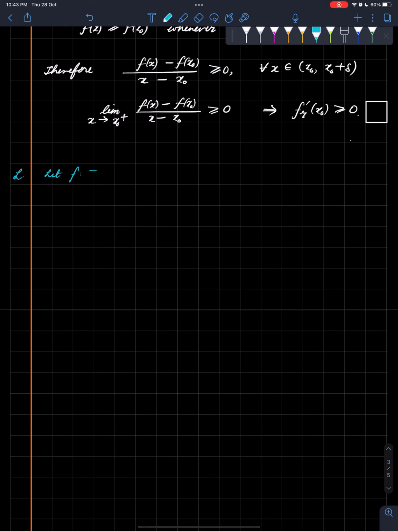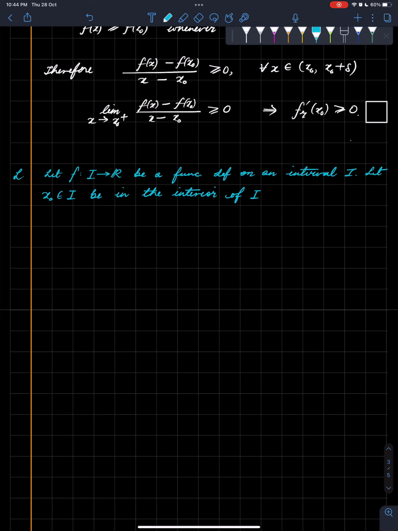Let f be a function defined on an interval I. Let x naught be in the interior of I, and assume that f is differentiable at x naught.